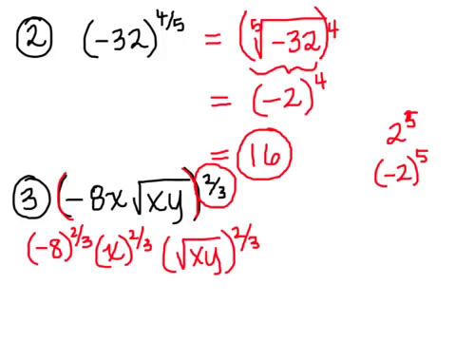Now we can break these apart a little bit more because this is xy to the 1/2, because you could put a 1 power on these and a 2 index on those. And then that is being raised to the 2/3.